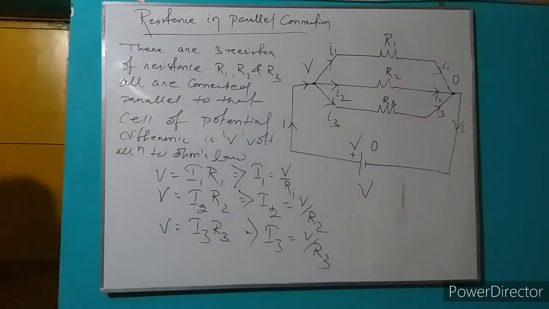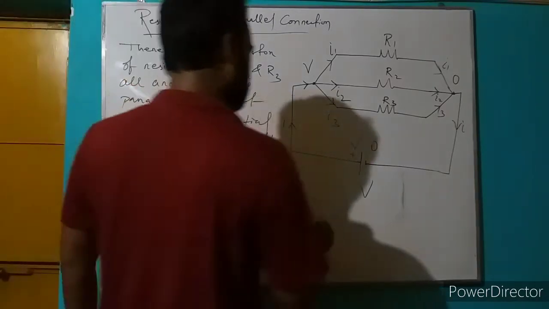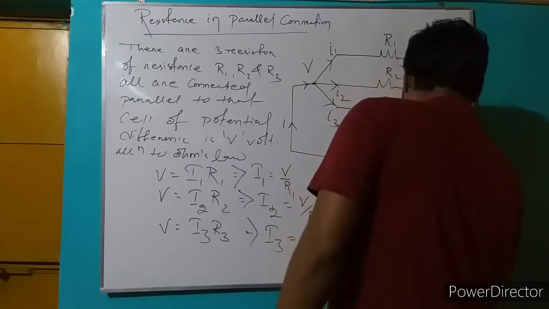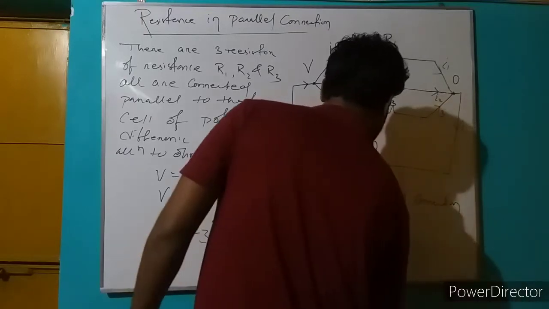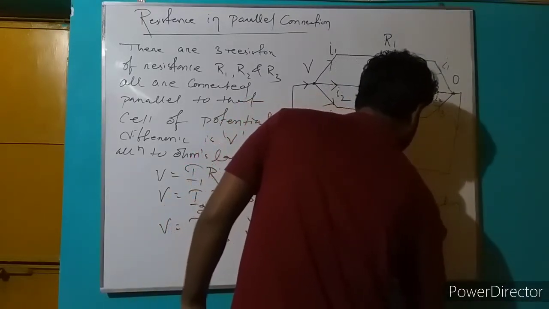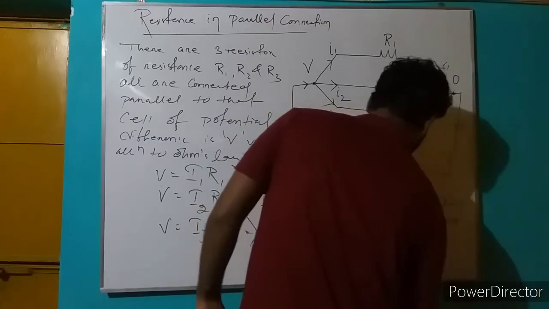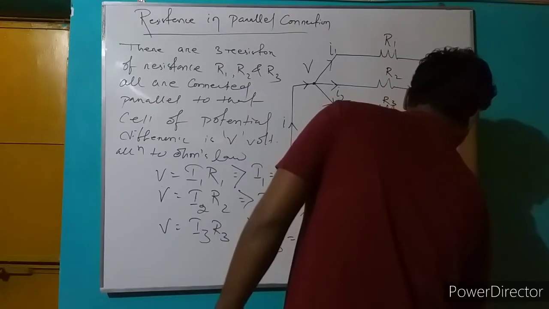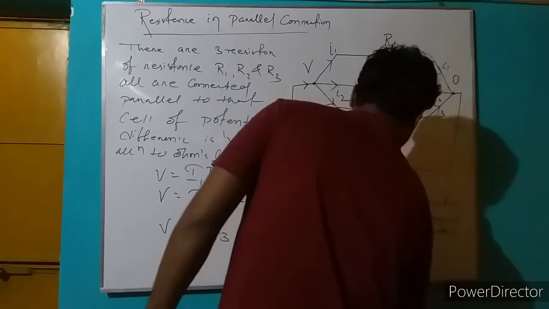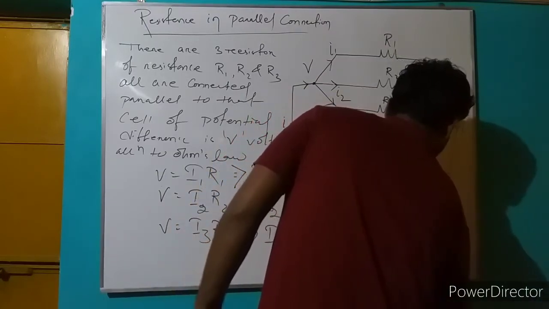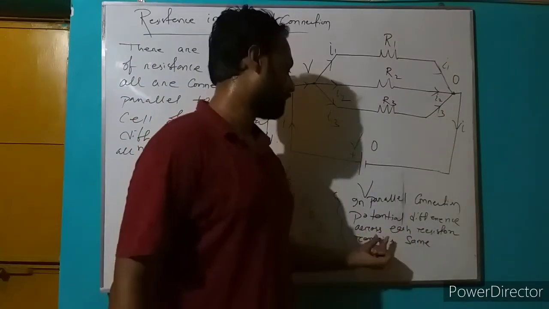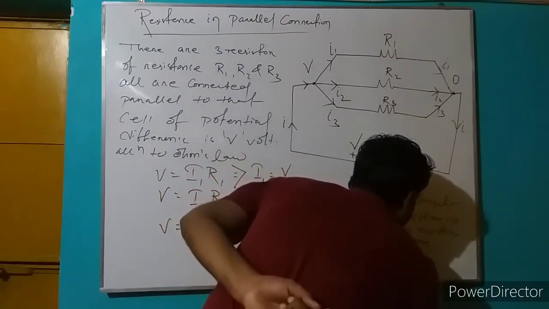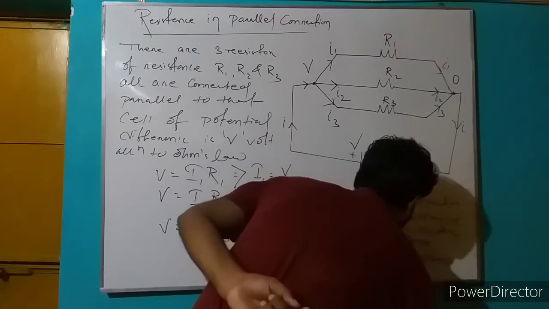Please note it. Because in parallel connection, the potential difference across each resistor remains the same, but the current becomes different.